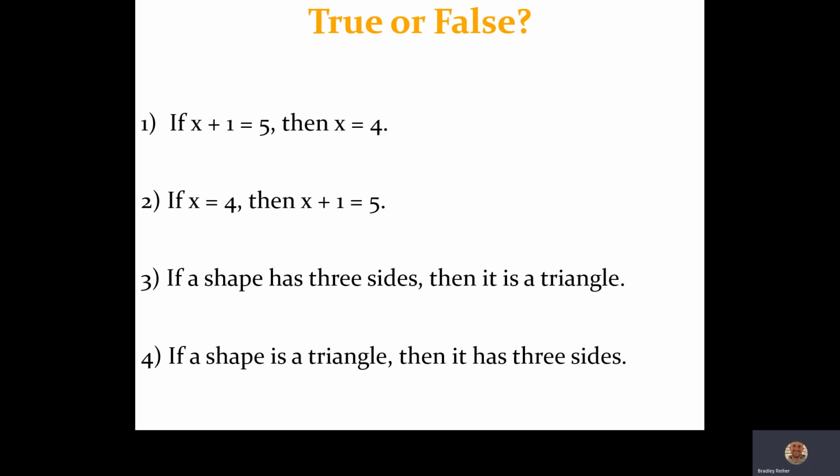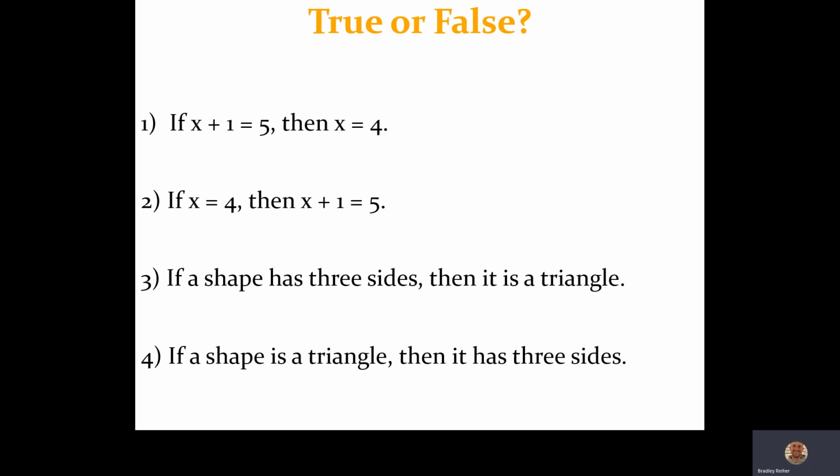That's a conditional statement. Is it true or false? That's a true statement. If x plus 1 equals 5, x must be 4. Notice what the hypothesis is, and notice what the conclusion is.